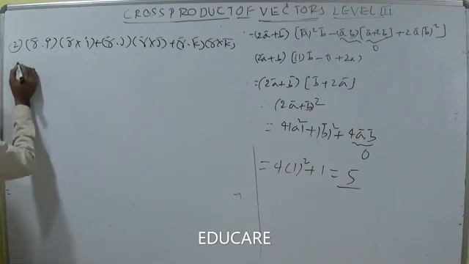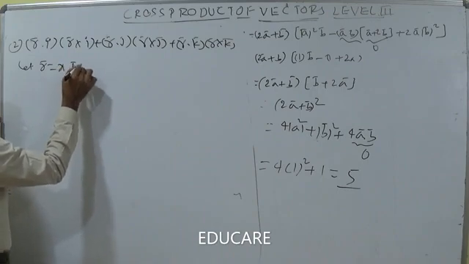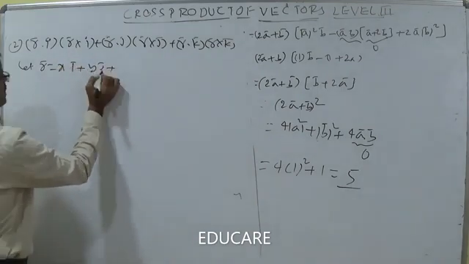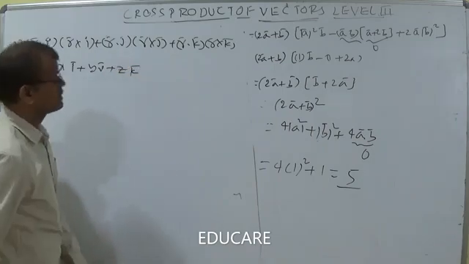Let r bar equal xi bar plus yj bar plus zk bar.